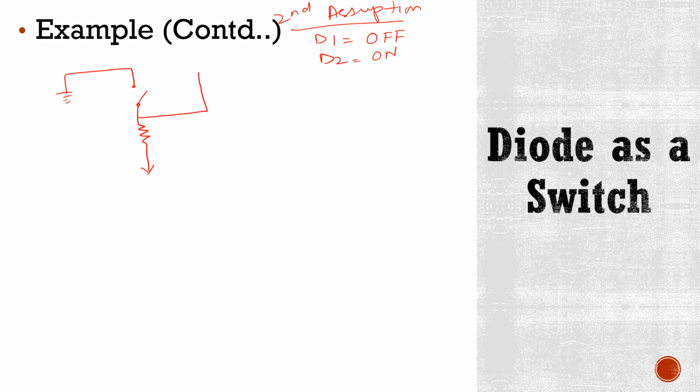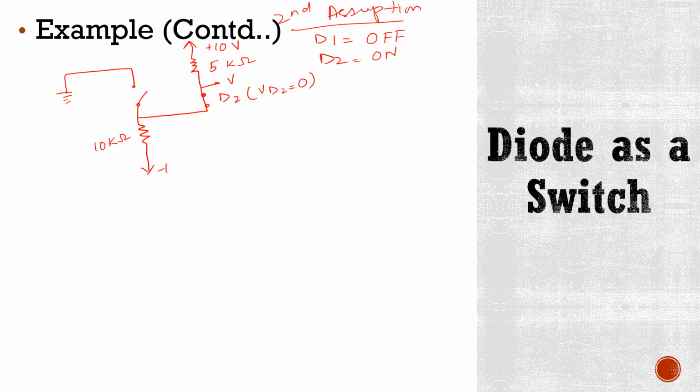Now here this is plus 10 volts, this is 5 kilo ohms, this point is V. Here this diode 2 is conducting, so here VD2 is 0. This is 10 kilo ohms.